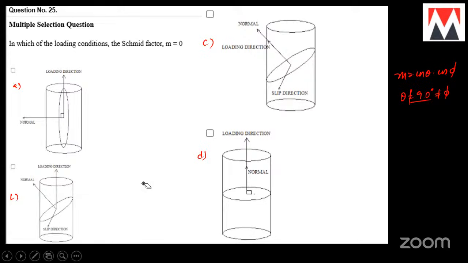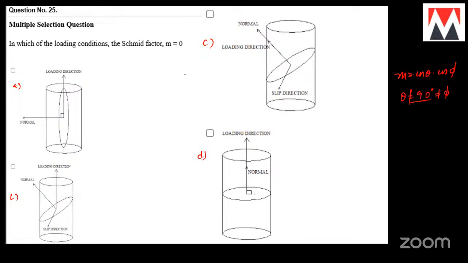So your answer is here, one of the angles is 90 degrees, right? So if it is 90, M is 0. For option B also you see the loading direction and this. Your this angle is not 90 degrees. So normal is like this.